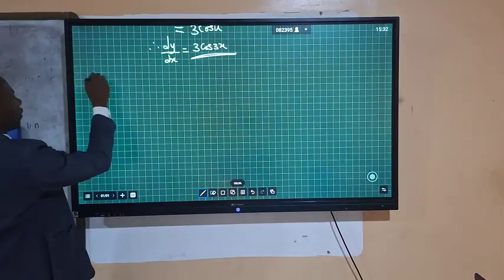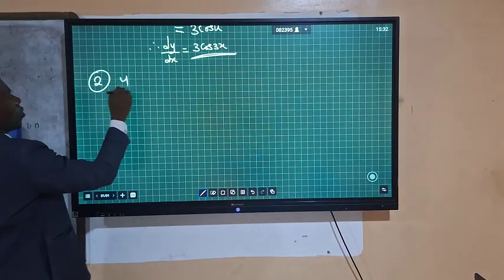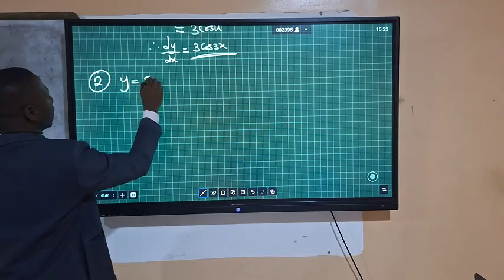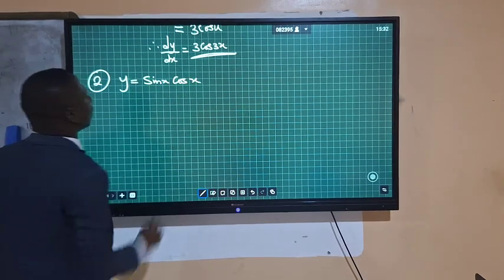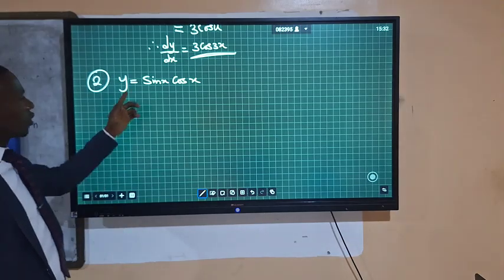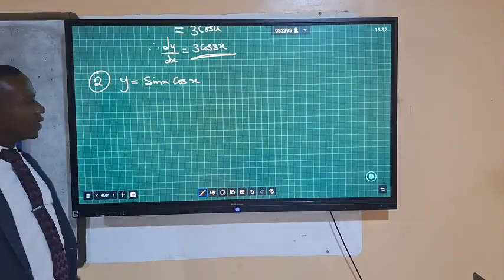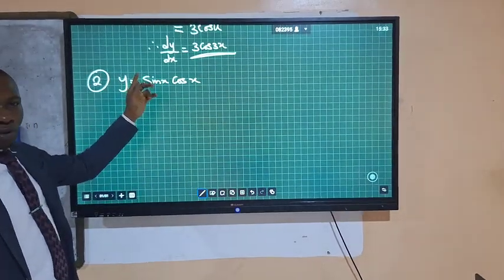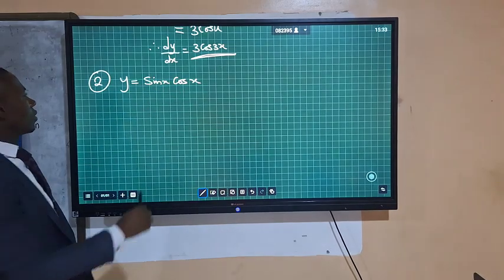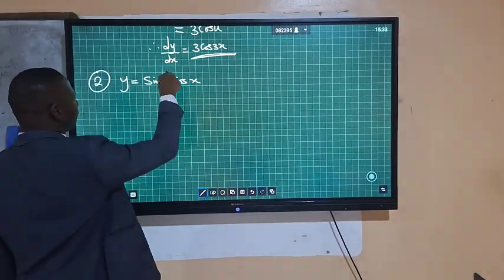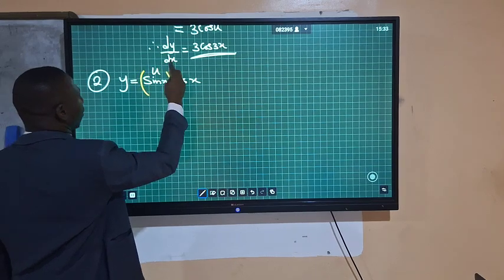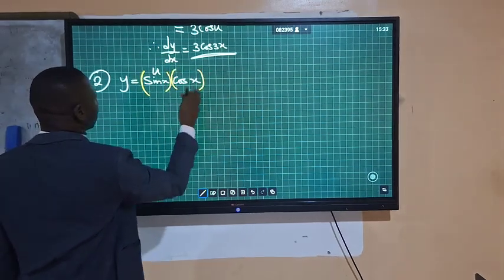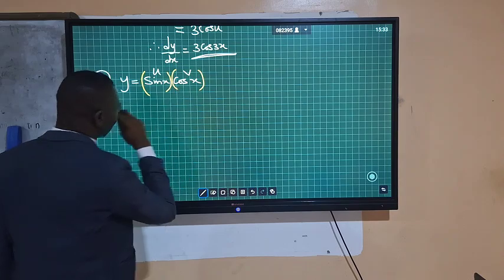So the second question says y is equal to sine x cos x. So if you look at this question clearly, you can see that this is a product rule function. So let's call this u and call this v.